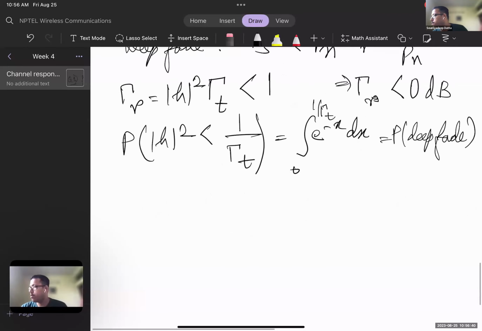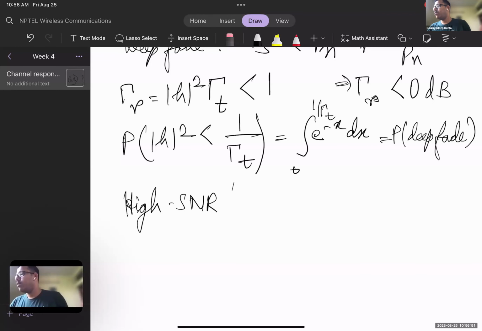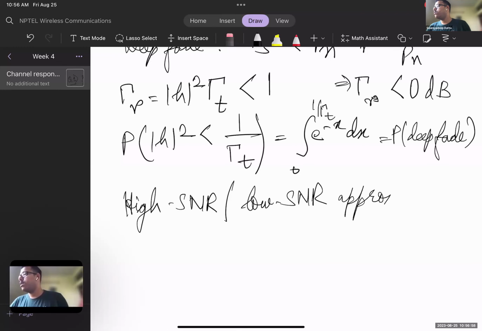So for this exercise or this kind of problems, sometimes you are asked to provide high SNR or low SNR approximations, right? Assume there is high SNR, what is the approximate value of so and so quantity?